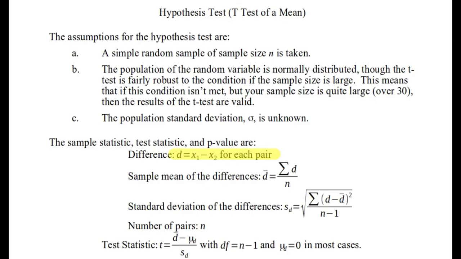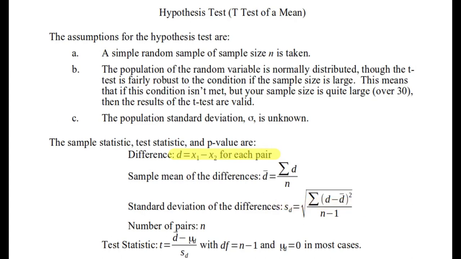It's formed by the sum of the d's divided by n. So we're now looking, basically, that d is telling us that we're looking at that list of differences. And then, of course, we have the standard deviation of the differences, so s sub d. And the standard deviation of the differences is exactly what you'd expect, except the x's have become d's.